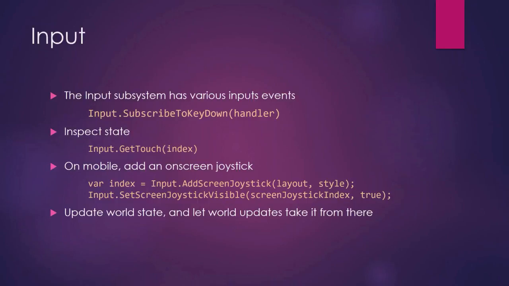So on your input handler, you are typically going to want to update the world state, and then the various components on the world will propagate changes around from there. For example, if you have a shoot input, when you receive that input, you might create a projectile node in the scene, give it a speed, set up a collision event on that node, and then just let the world run.